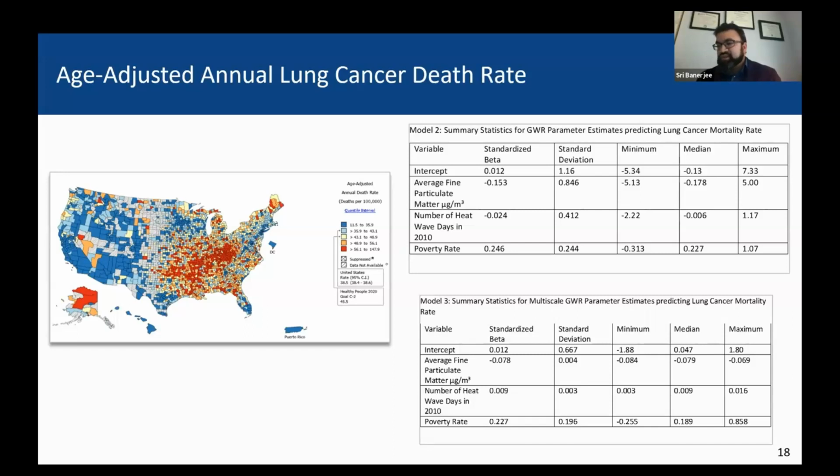This goes a little bit beyond the GWR, because GWR has the assumption that all relationships vary at the same spatial scale across all covariates. MGWR is an improvement because it relaxes that same spatial scale assumption and allows covariate-specific bandwidths to be optimized. MGWR is calibrated with a backfitting algorithm, which was introduced by Fotheringham. Next slide, please.